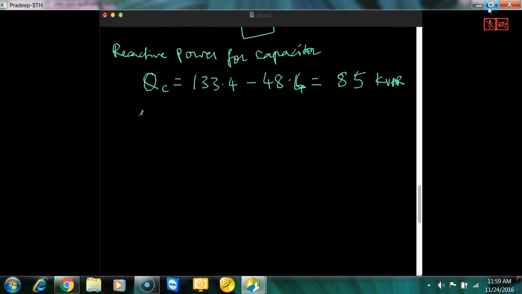So then from that I can find out the capacitive reactance, because I know the voltage also. So what is the voltage? According to question 3, voltage is 1000 volts. So how do you find the capacitive reactance?